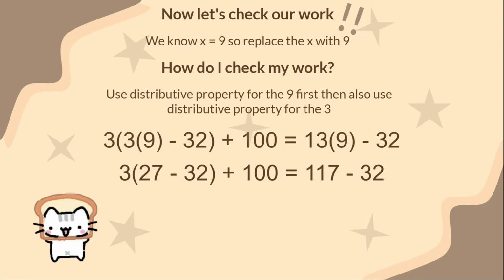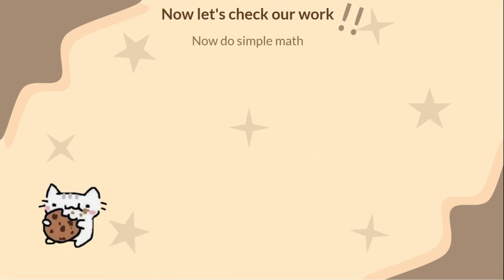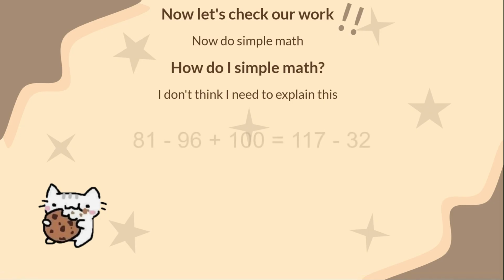Alright, what do we do now? Well, use the distributive property, like what we did the first time. And that would mean 81 minus 96 plus 100 equals 117 minus 32. Alright, let's continue to check our work. What do we do now? Do some simple math. I don't think I need to explain this.